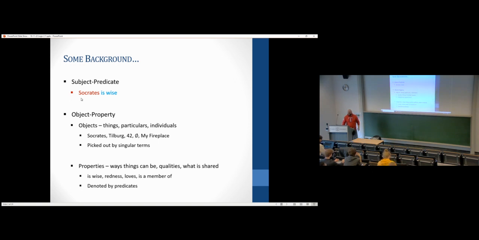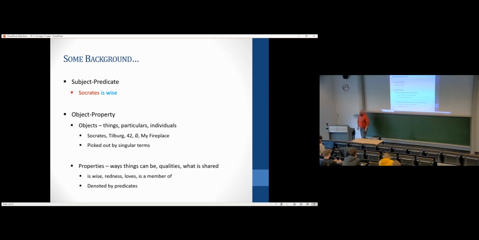And in fact, we encoded something like this distinction into our first-order logic, because the fundamental unit in FOL is a predicate and a term. So there's a linguistic distinction between subject terms and predicates.